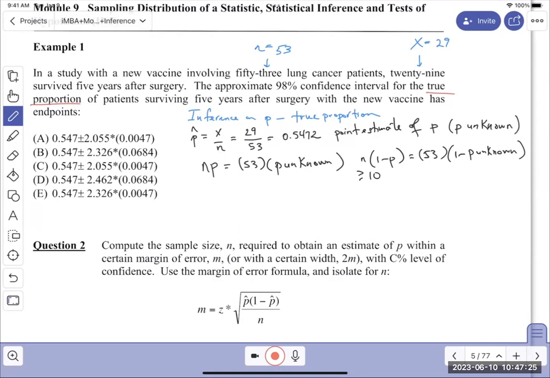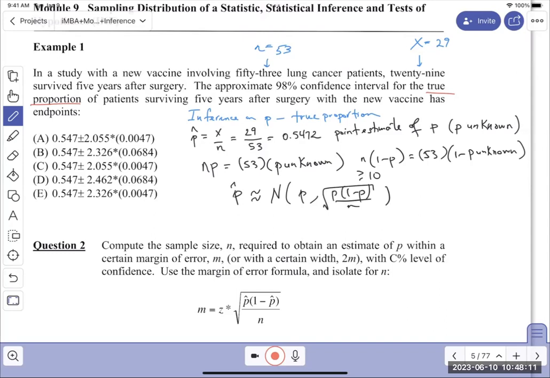So what I do instead is, because I'm going to assume this is from a large population, I can just assume it away and say from the theory, P hat is at the very least approximately normally distributed, with a mean of P and a standard deviation of the square root of P times 1 minus P over n.